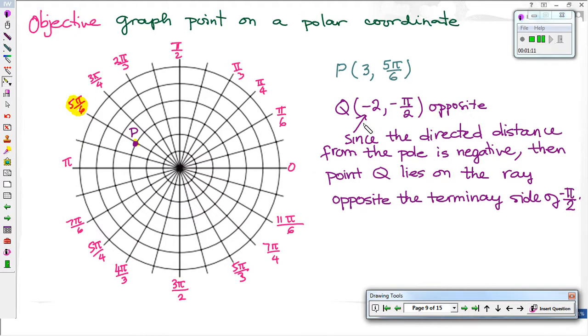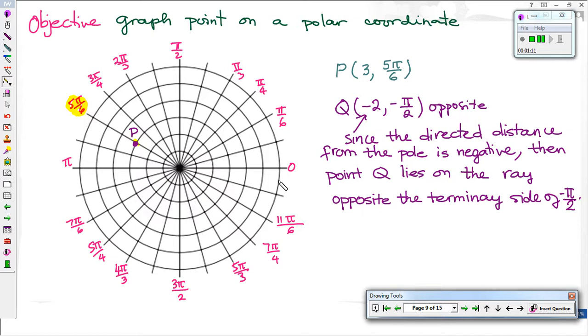Next, let's go ahead and plot point Q. Now for point Q, we have a negative directed distance from the pole, and we also have a negative directed angle from the polar axis. So we start with the angle again, negative pi over 2. From the polar axis at 0 radians, you go clockwise, you can go down and look for negative pi over 2.